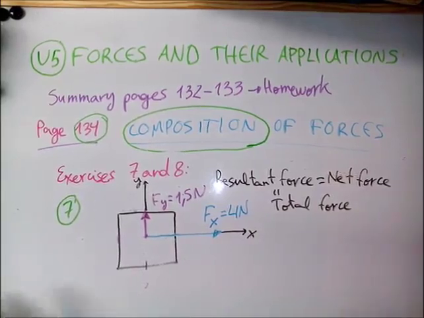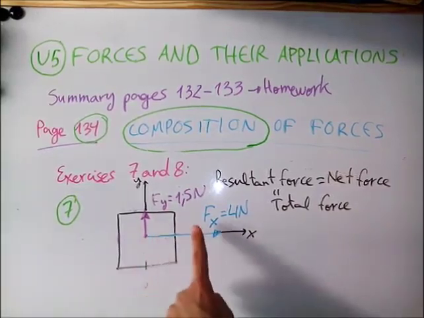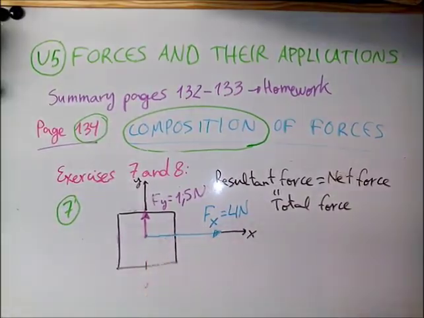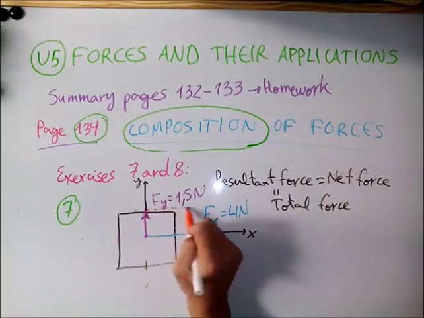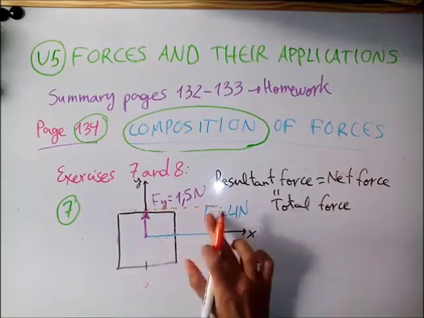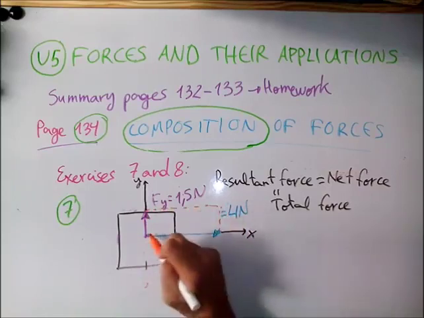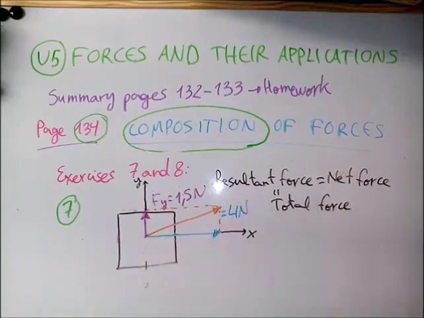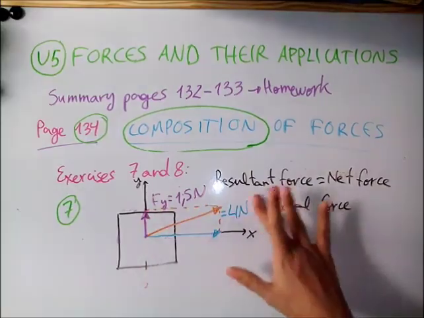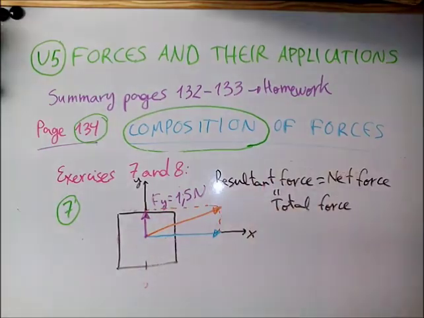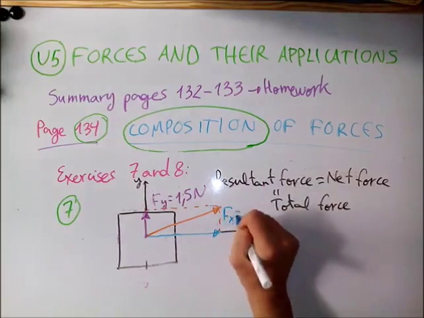And the only thing that I have to do is calculate the total force with these two forces. Remember that these forces are not parallel, so I'm going to add them by using Pythagoras theorem. This is Fx, which is 4 Newton.